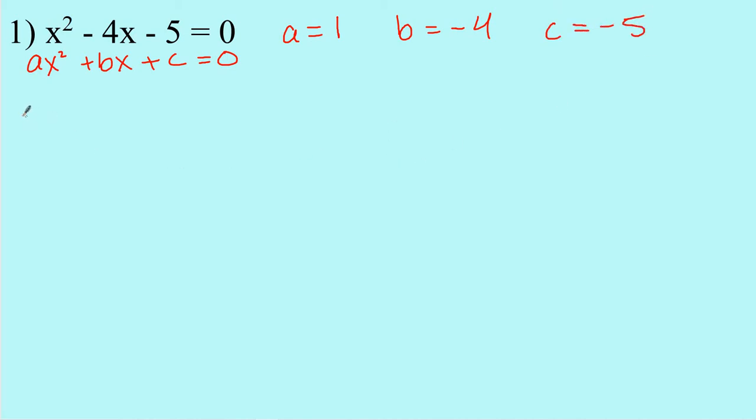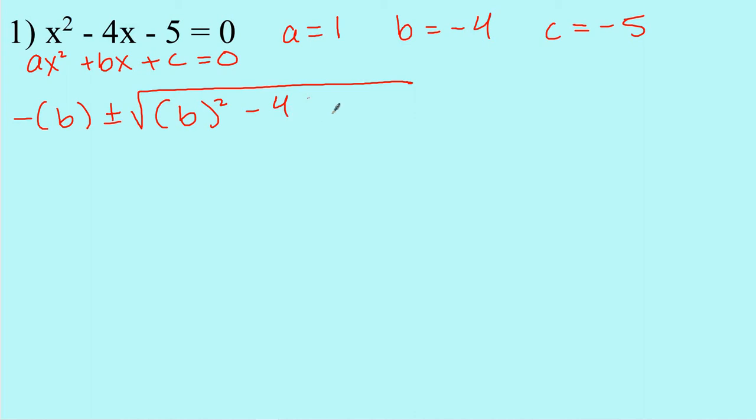So in our equation, we have negative b. The first thing I do is I write everything with parentheses around each variable. Okay? So we have plus or minus, and then we have b squared minus 4ac all over 2a.